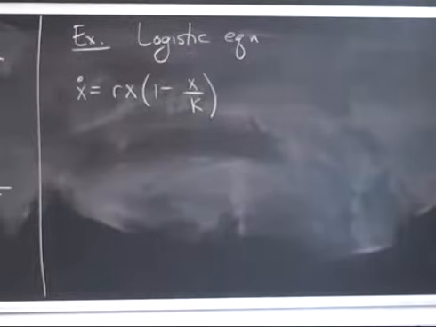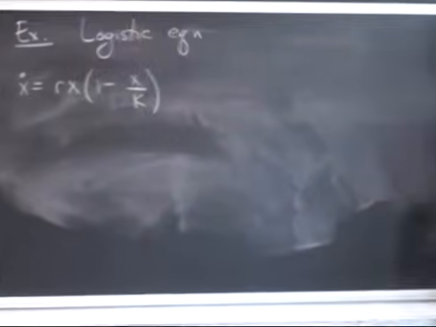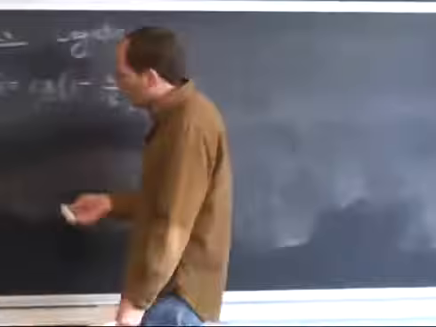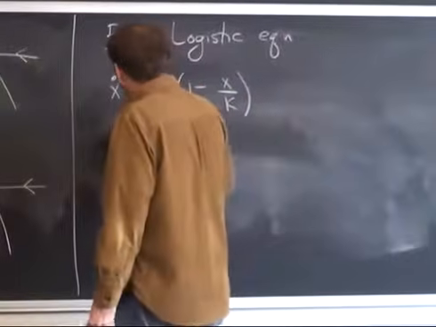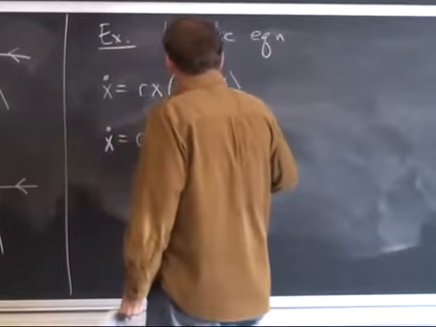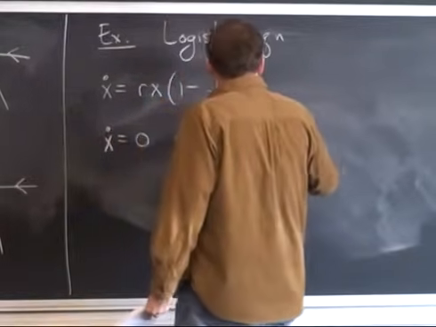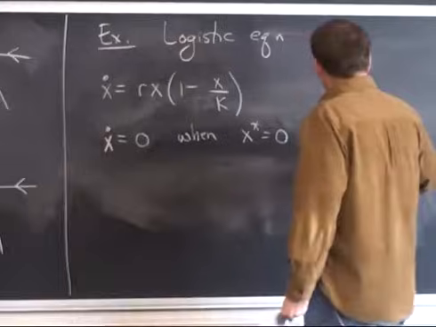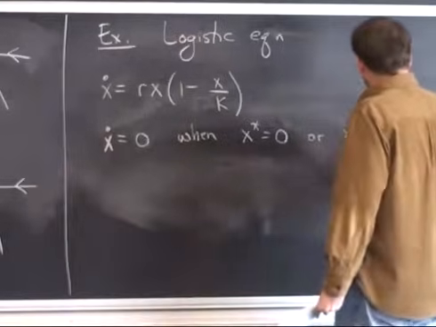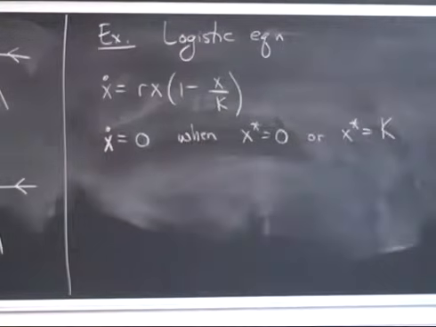I hesitate to call it an ecosystem, it's just this one population. But anyway, looking at this with linearization, we can see that x dot equals 0 when either x star is 0 or x star is k. Those are our two fixed points.